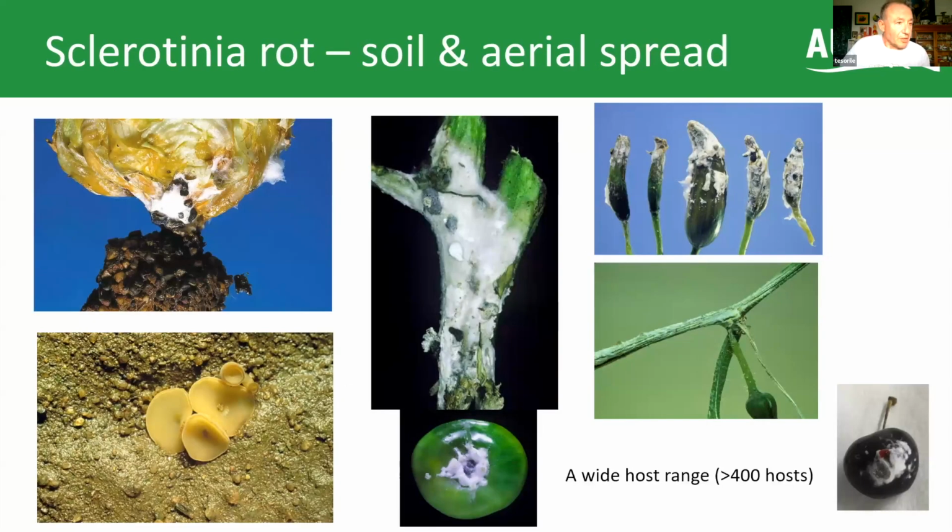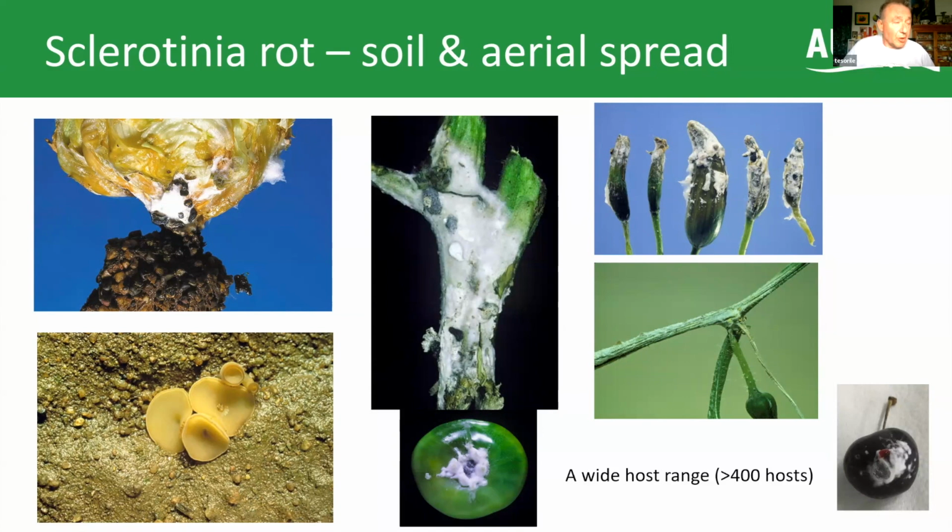So here's an example of Sclerotinia rot on different plant species. You can see a lettuce there up on the top left, and those black structures with the white woolly growth. That cottony fungal growth is very typical of Sclerotinia. Tomato there, where you can see a stem infection with the black sclerotia forming.